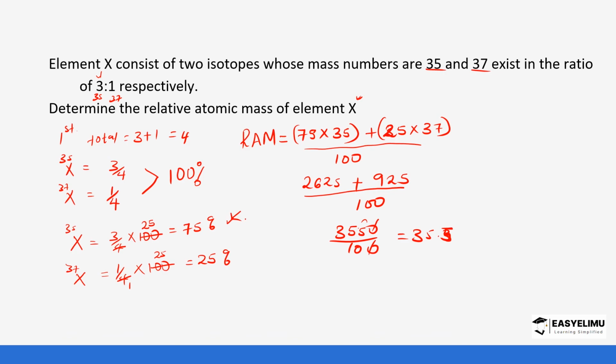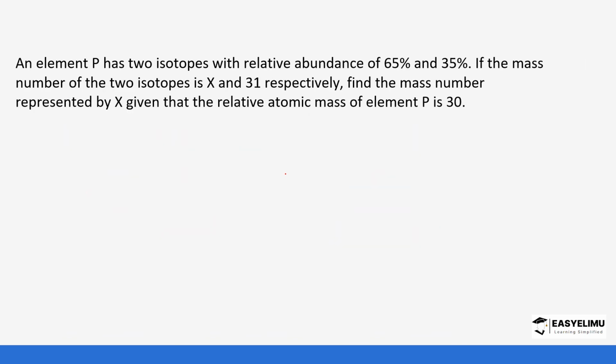Let's do another example. So another element, P, has two isotopes with relative abundances of 65% and 35%. If the mass numbers of the two isotopes are X and 31, so we have PX and we have P31, and PX is 65% because we have been told respectively, and P31 has 35%.